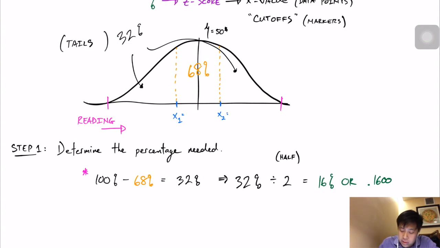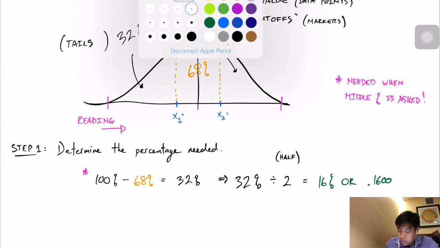Pink asterisk, needed when middle percent is asked. In our case, this is what we need.